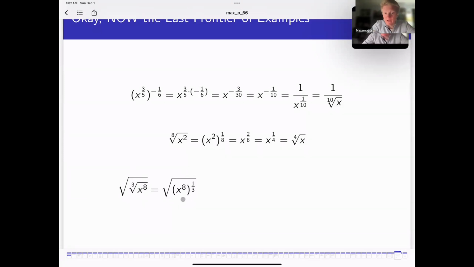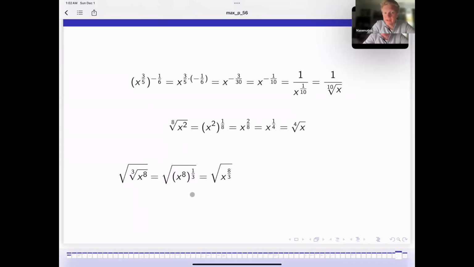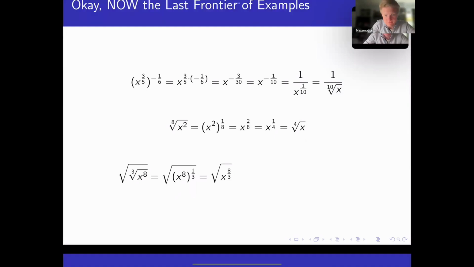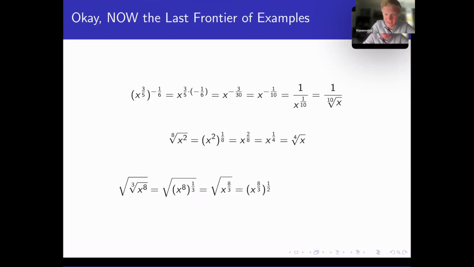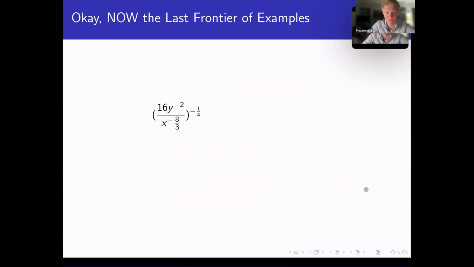Power raised to a power, we multiply, so x to the 8/3. Now square root of x to the 8/3 says x to the 8/3 to the 1/2. Power to a power, we multiply, fraction multiplication, and simplifying a fraction, x to the 4/3. Who would have thought that this would simplify to a nice, pretty x to the 4/3?